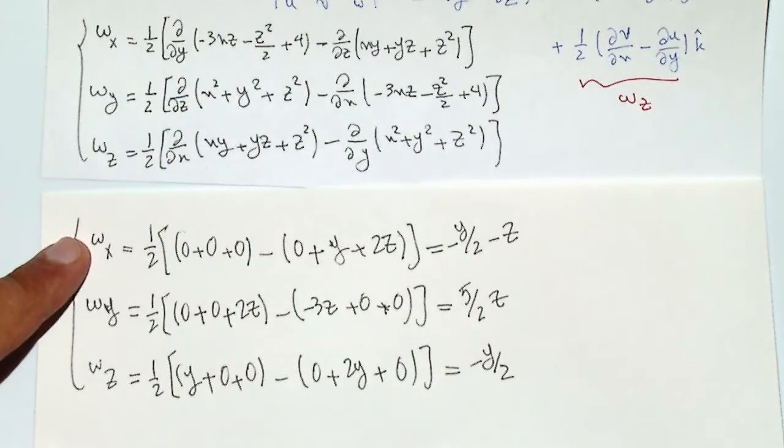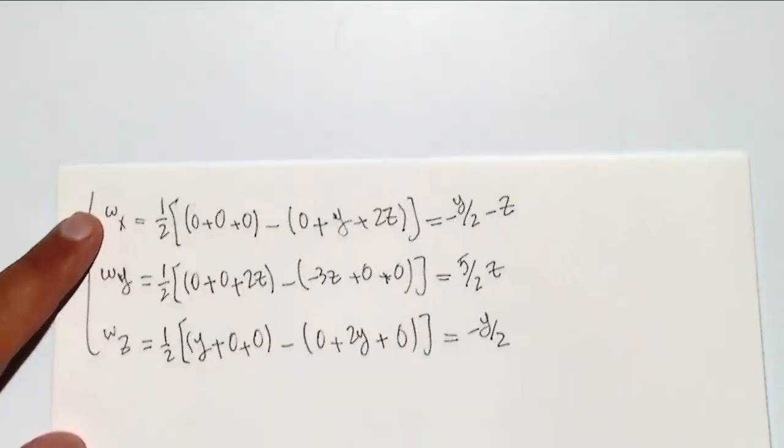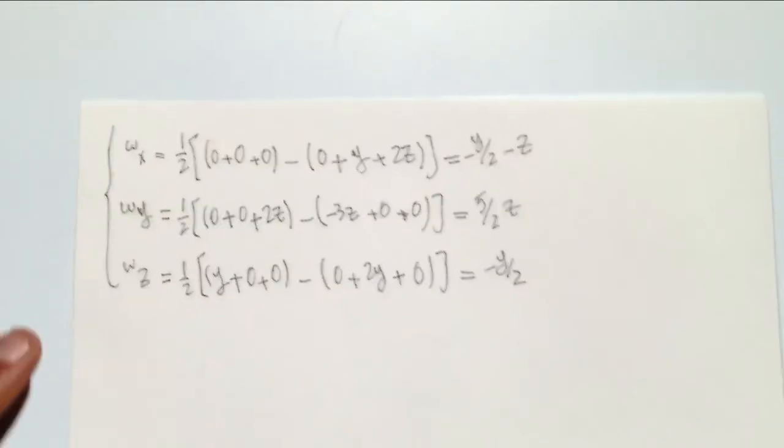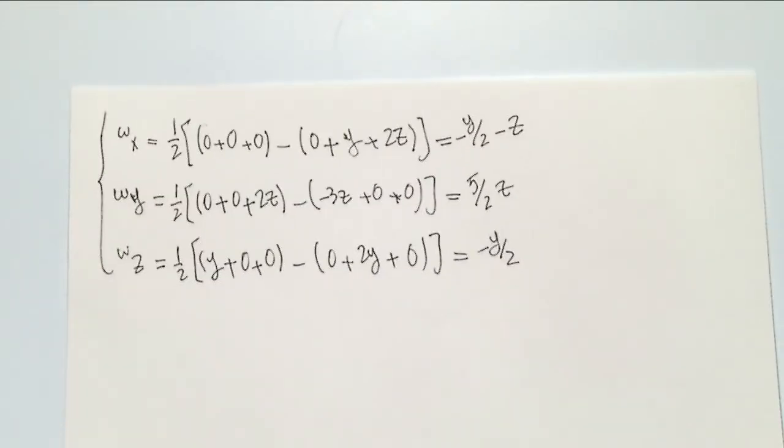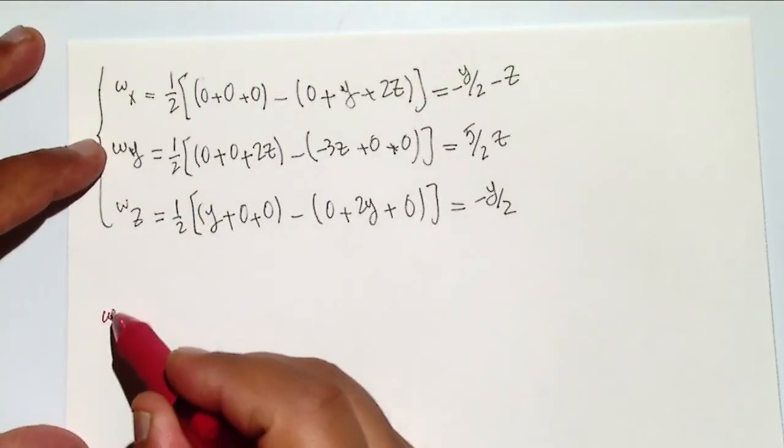Okay, so you found out wx, wy, wz. The only thing left is to write it as a vector, because the rotation vector is requested.